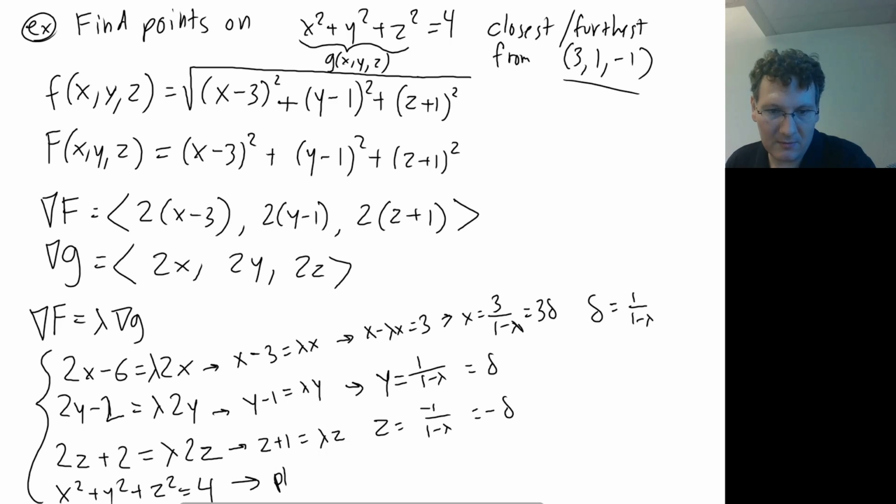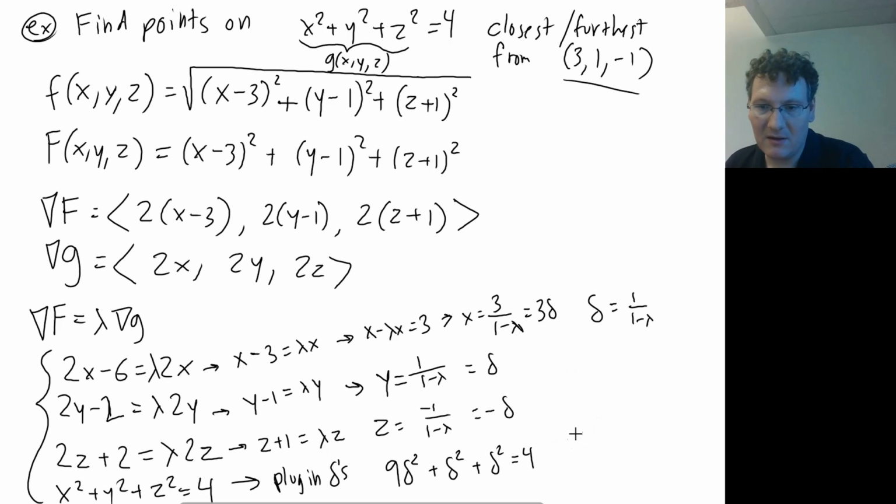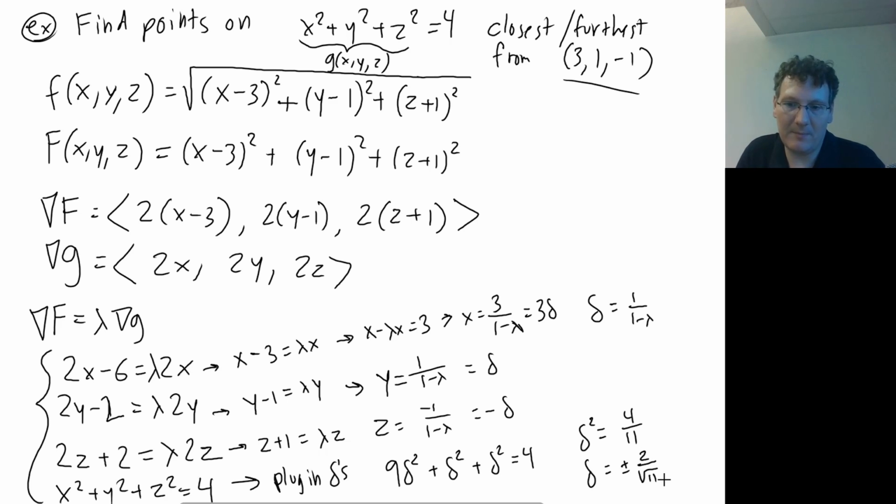So we're going to have 9 delta squared plus delta squared plus delta squared equals 4. So that means 11 delta squared is equal to 4, so delta squared is 4 over 11. Delta is going to be plus or minus 2 over square root 11.